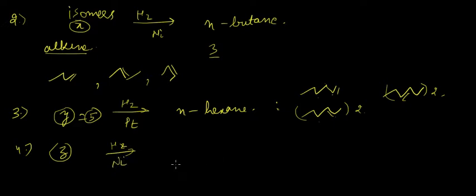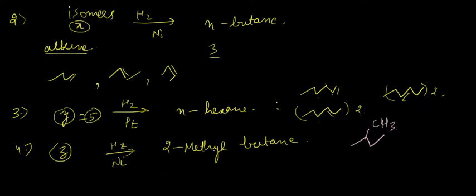Let us take this example where we react Z with H2 over a surface of nickel. We'll have 2-methylbutane. So what is the value of Y? If we have something like this, then 2-methylbutane is something like this. The possibilities can be either this one, or this one, or this one.